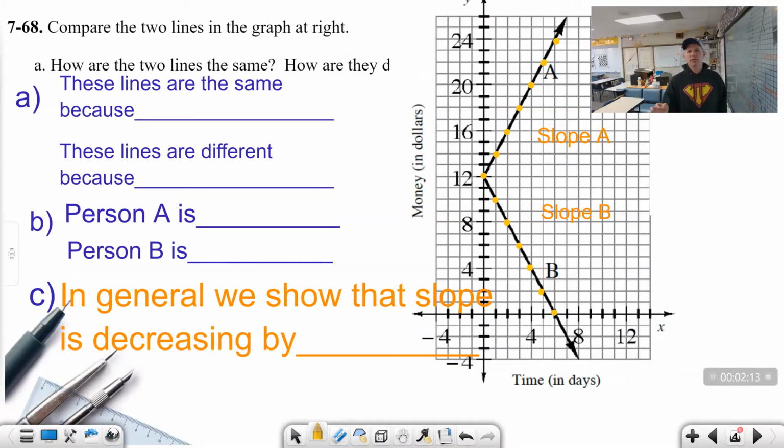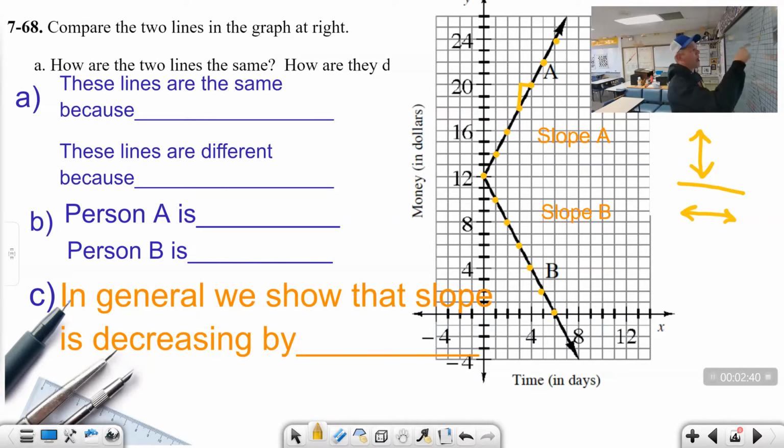Now, to calculate the slope of any line, all we are doing is counting the stair. So I can pick any of these dots. Okay, I'm going to just pick these two, and I'm going to draw a little stair. And the question is, how much does the stair change? Our vertical change goes in the numerator, and the side-to-side change, horizontal, goes in the denominator.